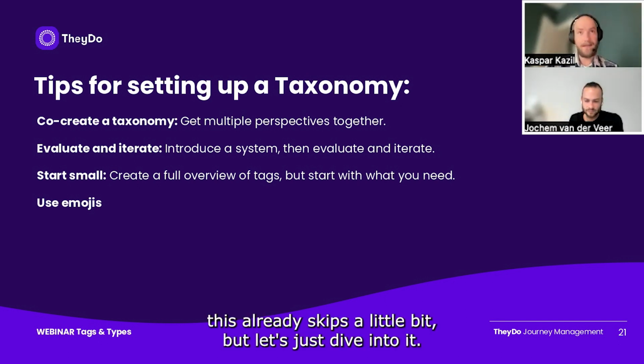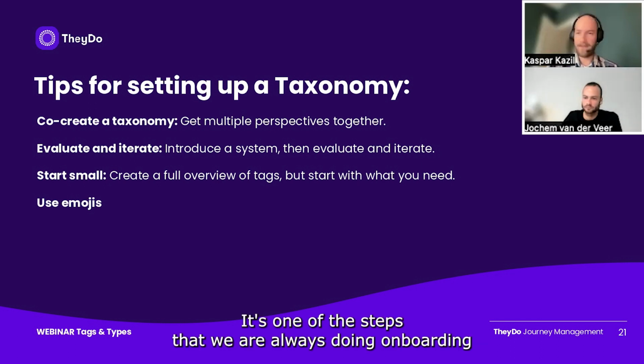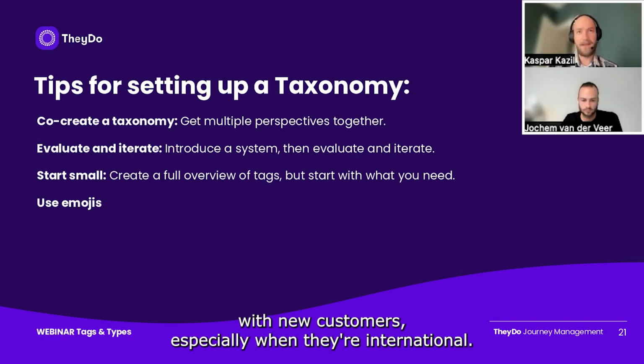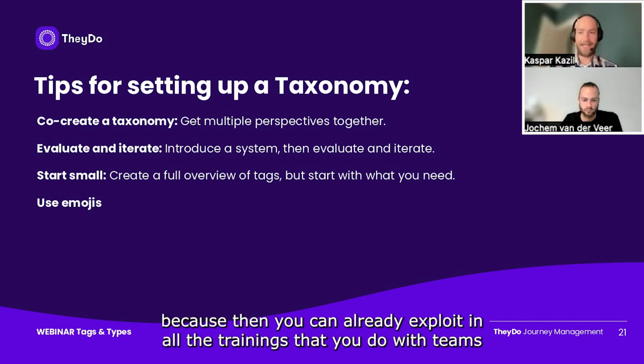Well, this already skips ahead a little bit, but let's just dive into it. When you set up a taxonomy, it's one of the steps that we always do in the onboarding with new customers, especially when they're international. The earlier you set this up, the better, because then you can already explain it in all the trainings that you do with teams.